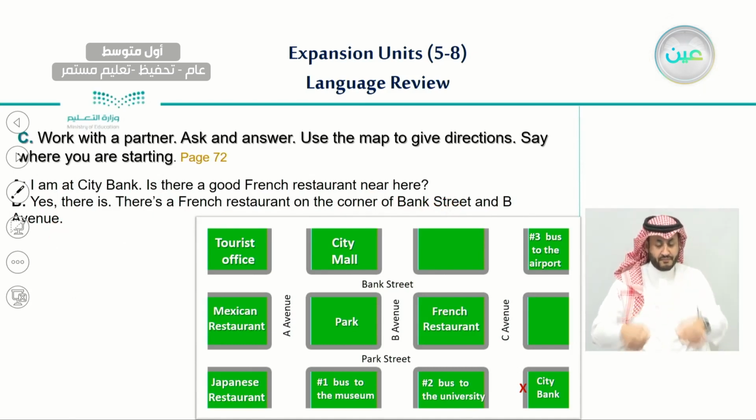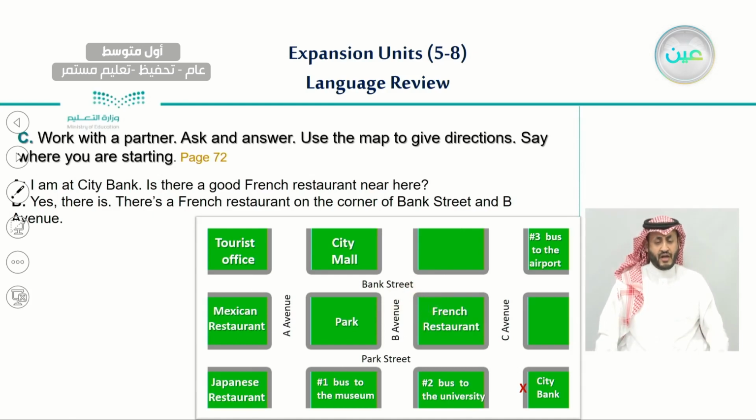So since he is standing there, the direction is on the corner of B Avenue and Bank Street. Then he must go straight and turn left, and on the corner of Bank Street and B Avenue there is a French restaurant.